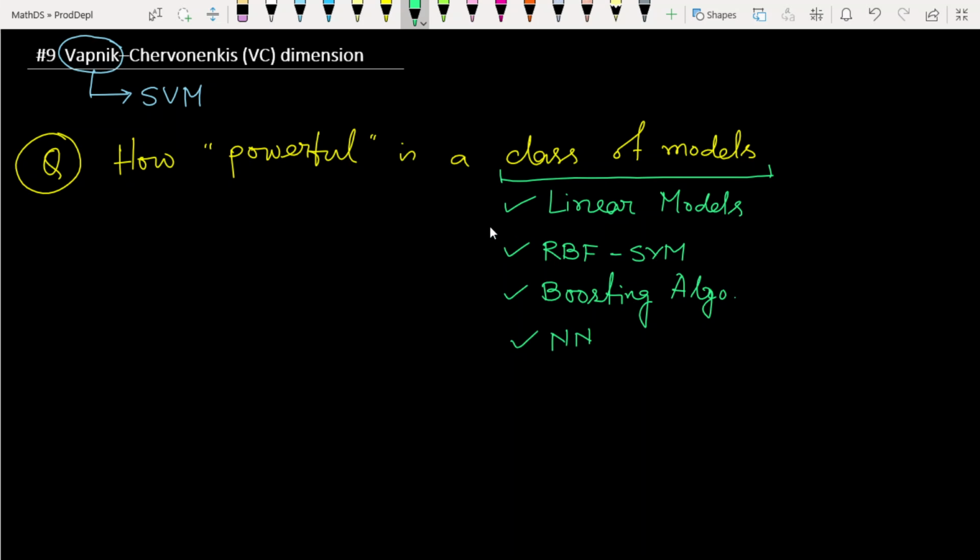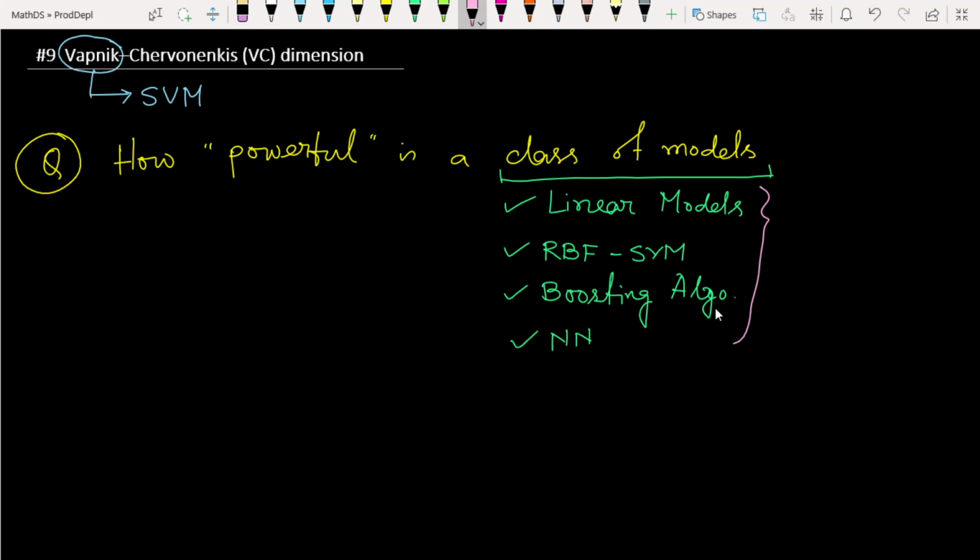But the question is how to measure all these classes of models. If we somehow got a numerical quantity, it would give us more realistic intuition for realistic decisions about how good these models are. In practice, we have already seen some accuracy metrics, performance metrics, to find these measures.